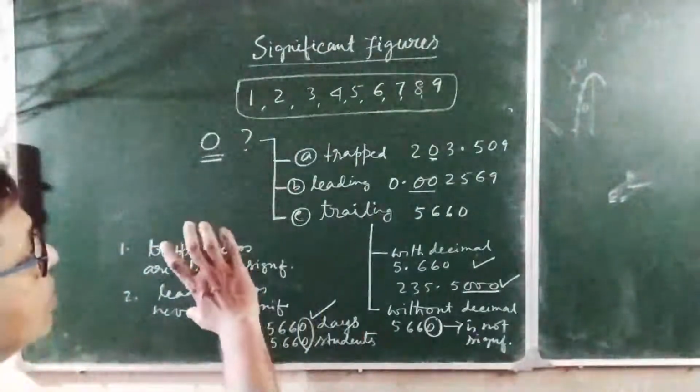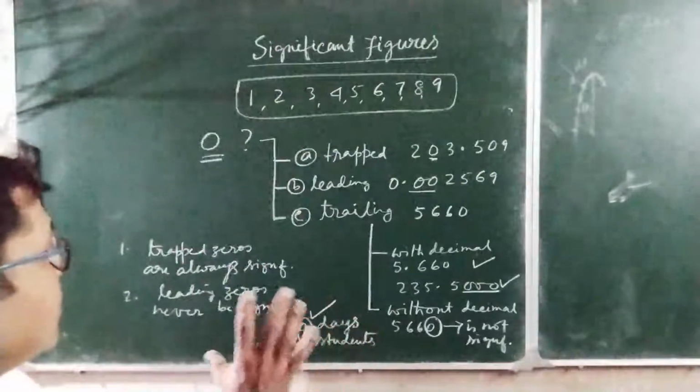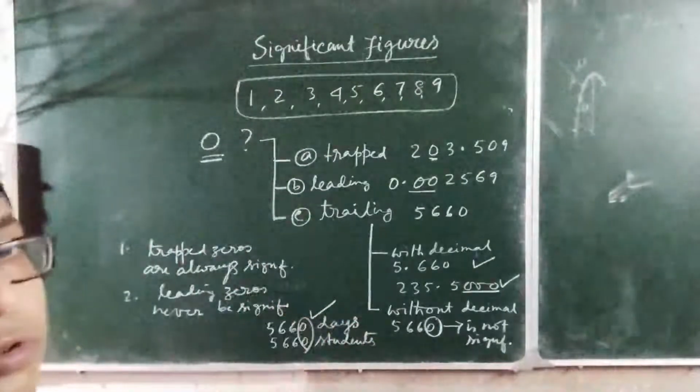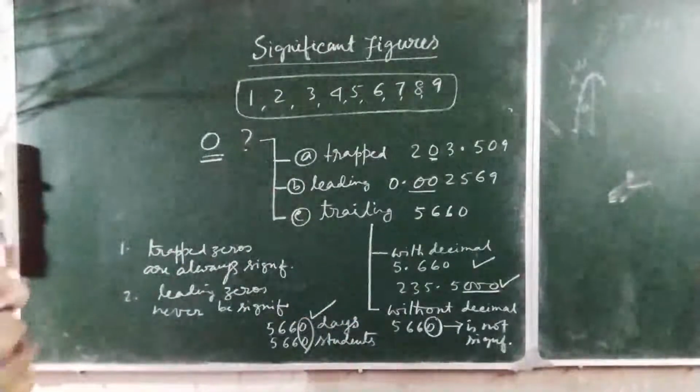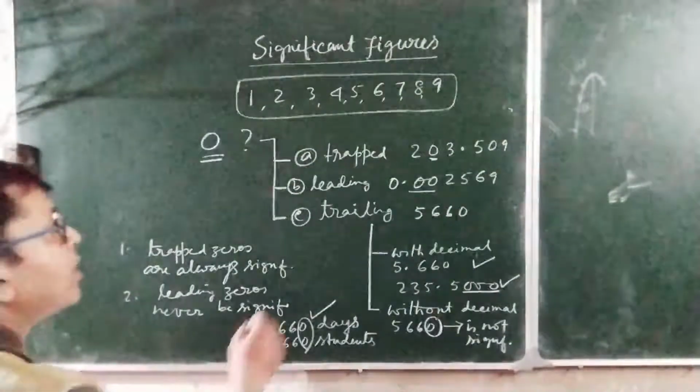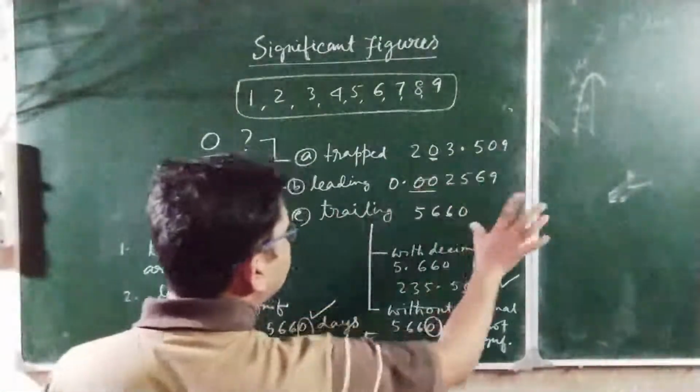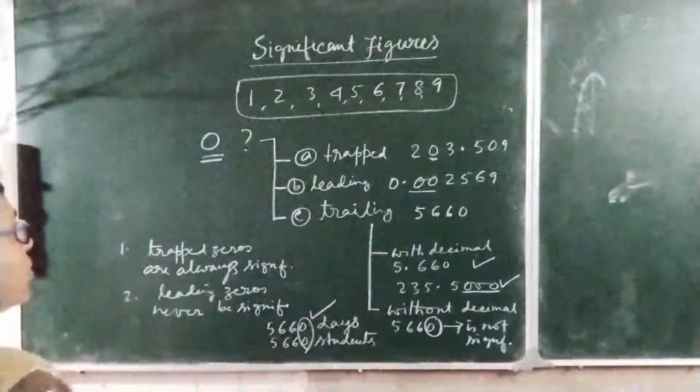So this is the idea about numbering significant figures in a given digit or numerical value.